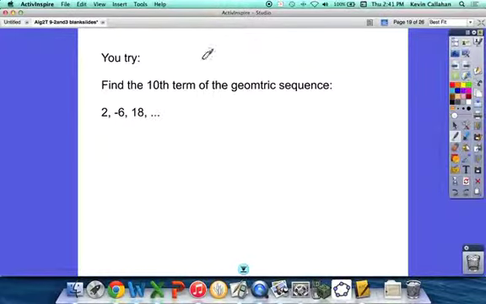Again, write down the formula. An equals A1 R to the n minus 1. A1 is 2, and now R, negative 6 over 2, is negative 3, right? It's negative, which means it's going to alternate signs. Every term switches sign.